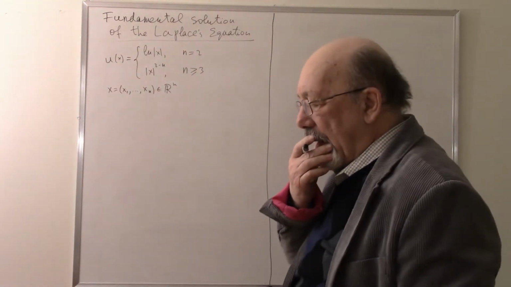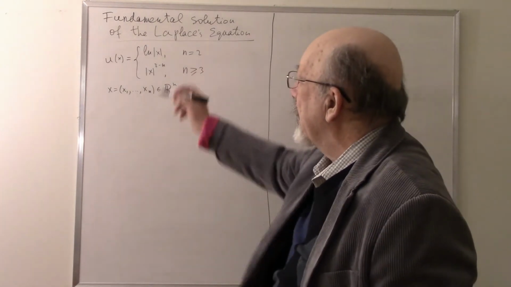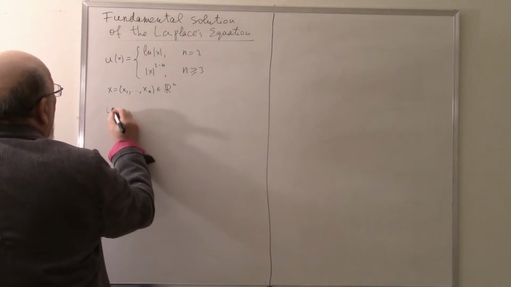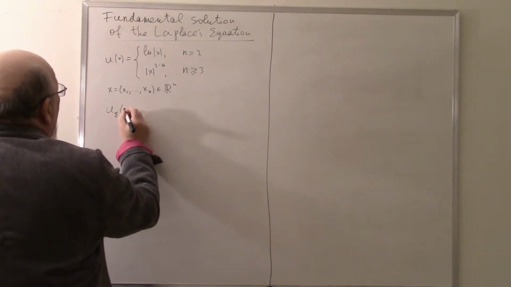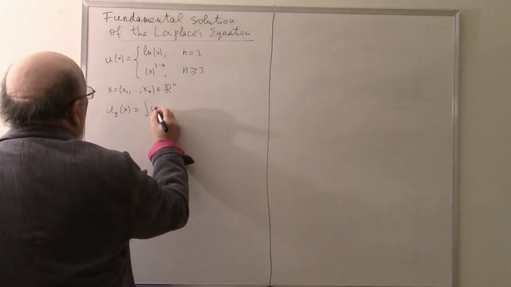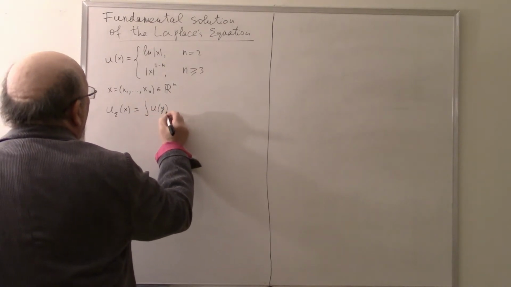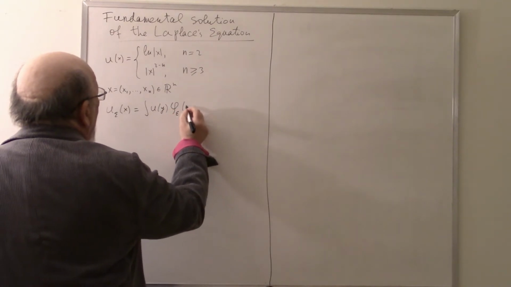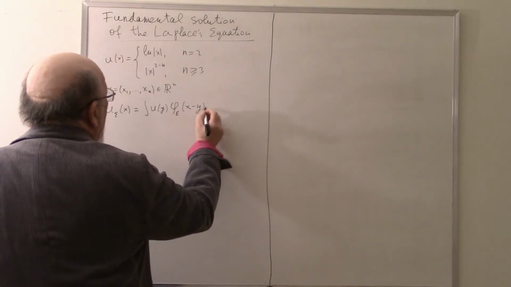And correspondingly I introduced the function u epsilon of x equals the integral of u of y phi epsilon of x minus y dy.